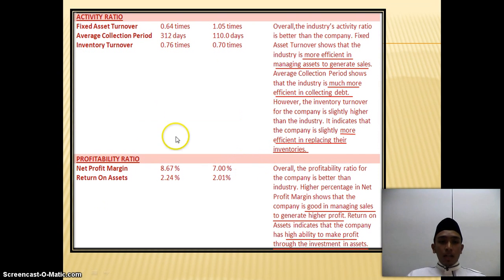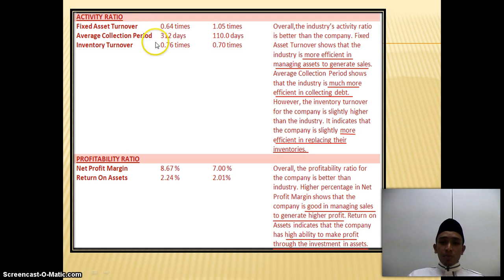Okay, next, activity ratio. Under activity ratio, we have three ratios, which are fixed asset turnover, average collection period, and inventory turnover. For the fixed asset turnover, we can see that the industry is more efficient in managing assets to generate sales, as it is much higher than the company.